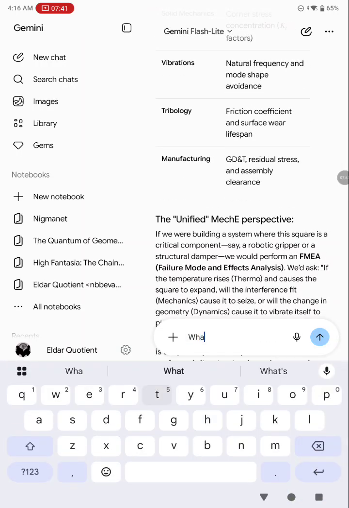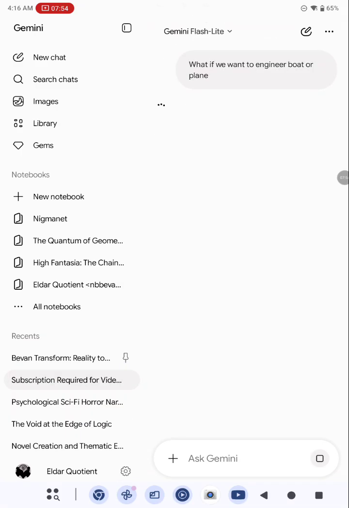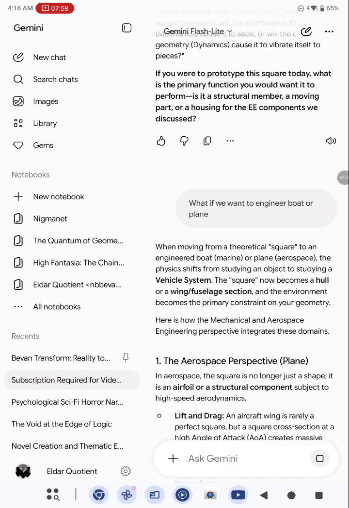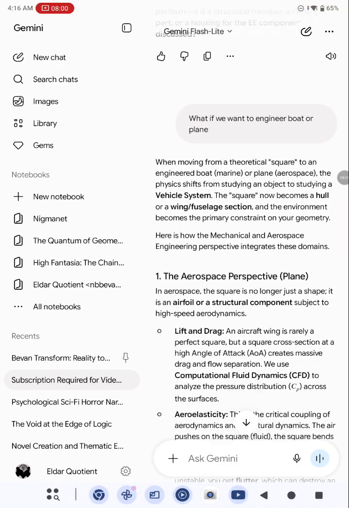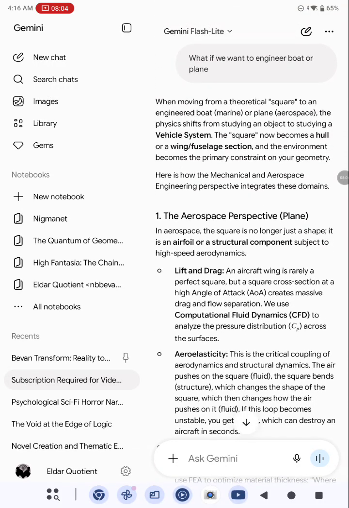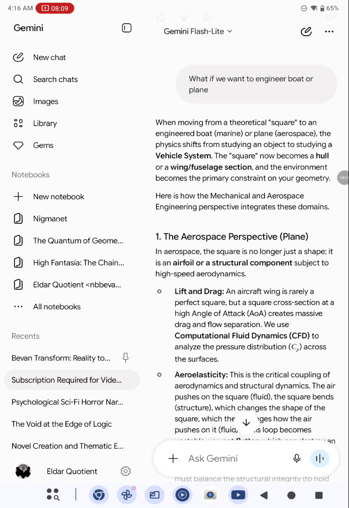So, what if we want to engineer something like a boat or plane? So you're going from abstract physics to fundamental engineering to actually engineering something.